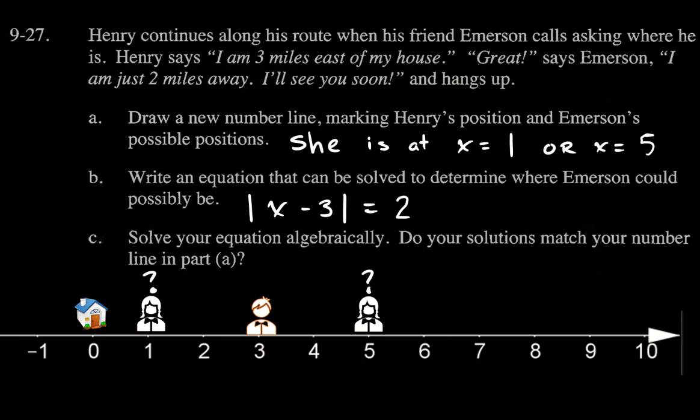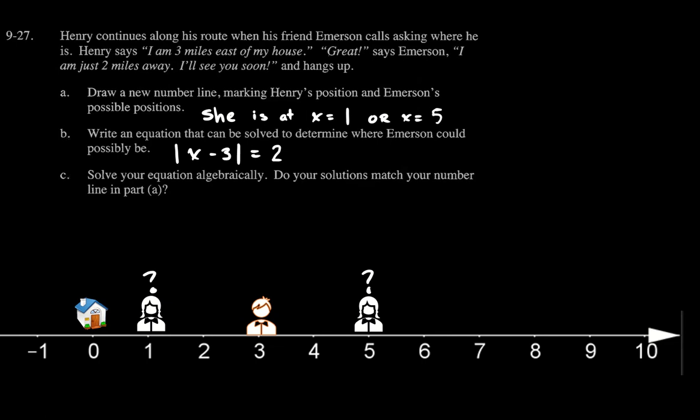Now, if I want to solve this absolute value equation, what I would say is, look, the absolute value of x minus 3, the absolute value of x minus 3. Oh, I missed my absolute value bars. The absolute value of x minus 3 is 2.